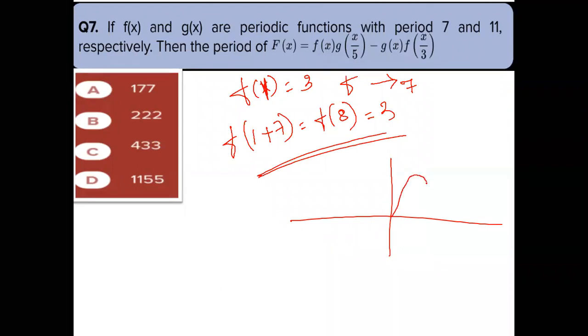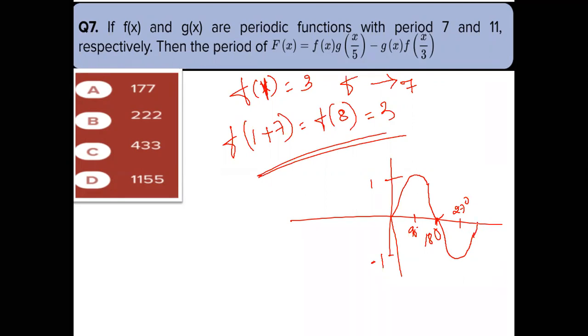Then what is the value of sine 180 degrees? 0. Then what is the value of sine 270 degrees, that is 3 pi by 2? Minus 1. And then what is the value of sine 360 degrees, that is sine 2 pi?